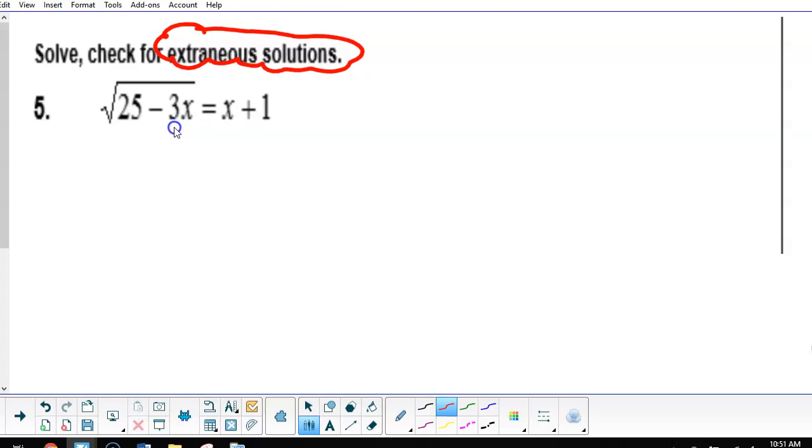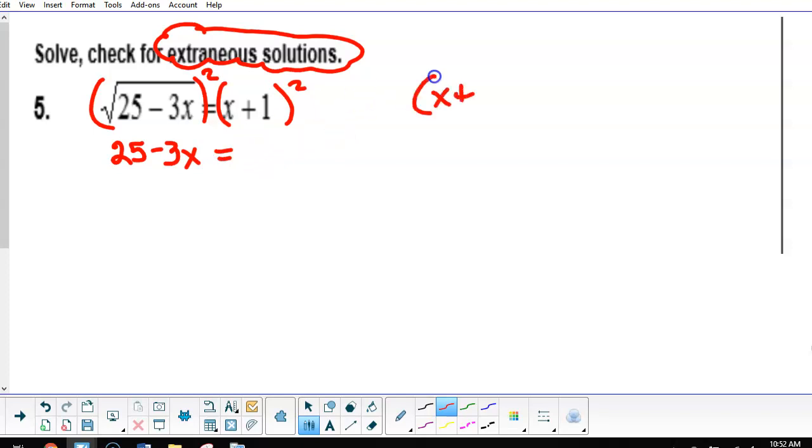You can do them on the calculator and check, but if the algebra doesn't match, it's not going to be right. So if I square the left side, I just get what? Okay. If I square the right side, I do not just get x squared plus 1. Okay, x plus 1 times x plus 1, x squared plus 1x and 1x is 2x, and then 1 times 1 at the back is plus 1.